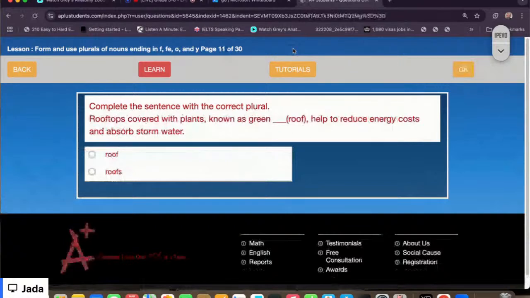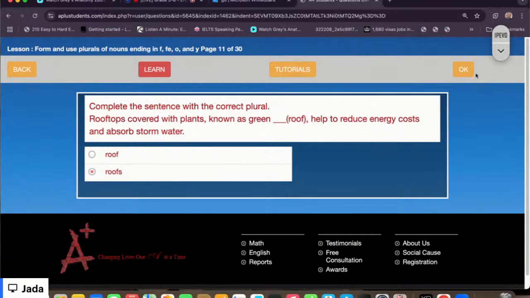Rooftops covered with plants known as green roof help to reduce energy costs and absorb storm water. So, what is the right one here? Roofs.